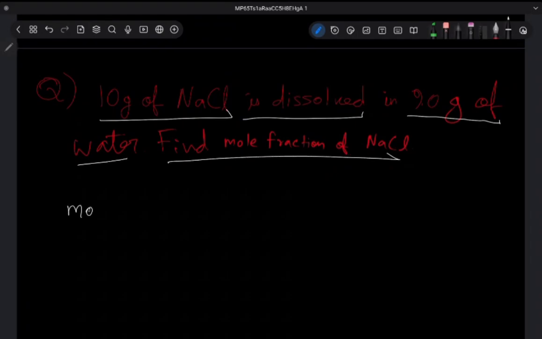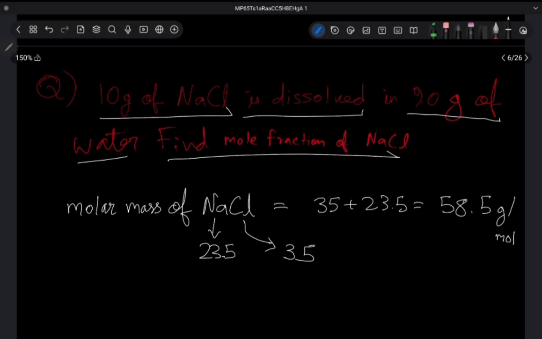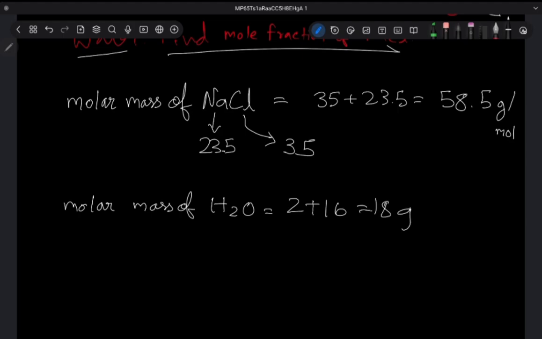So you have to find the molar mass of NaCl, which is, sodium's molar mass is 23 and chlorine's molar mass is 35.5. So 35.5 plus 23, which is 58.5 gram per mole, and we also have to find the molar mass of water, which is 2 plus 16, 18 gram per mole.